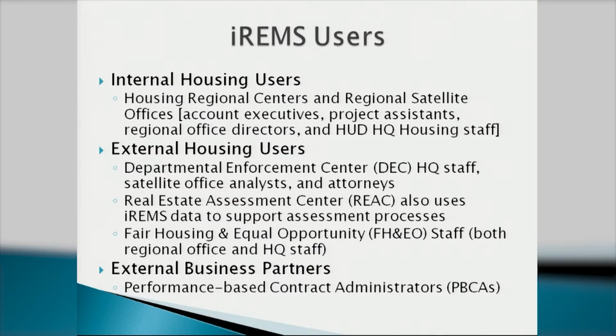External users consist of offices such as the Departmental Enforcement Center, REAC, or FHEO. We also have external users which include project-based contract administrators who administer some of our portfolios.